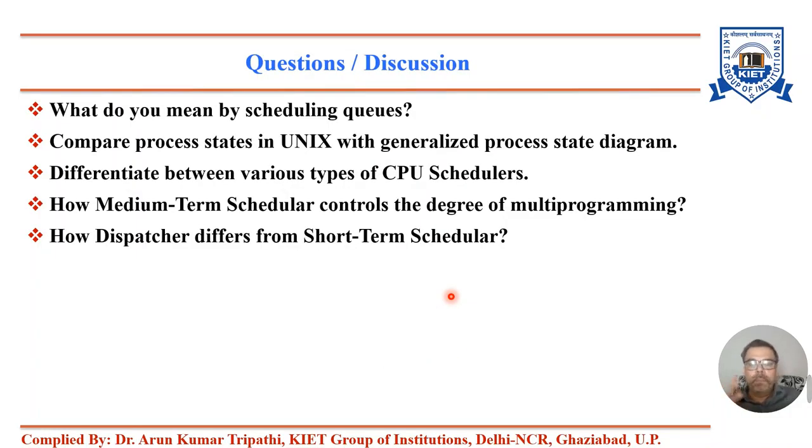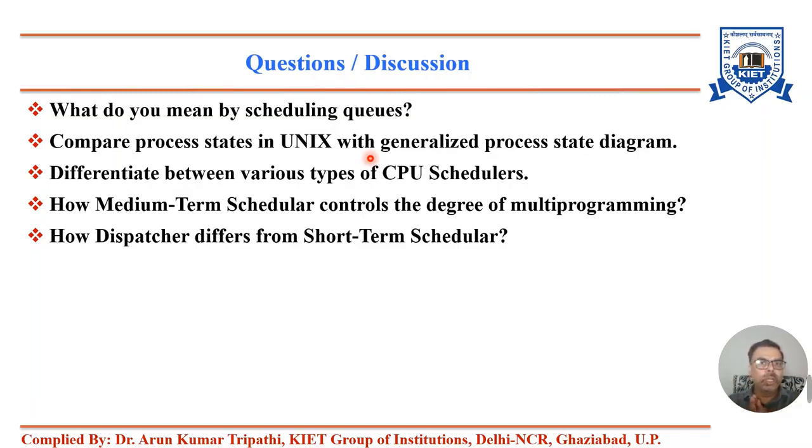The questions that may be asked for discussion: what do you mean by scheduling queues? How many types of scheduling queues are there? Compare the process state diagram with the Unix process diagram. As the Unix process diagram has 9 states, the general one has only 4 states. How is a process created?